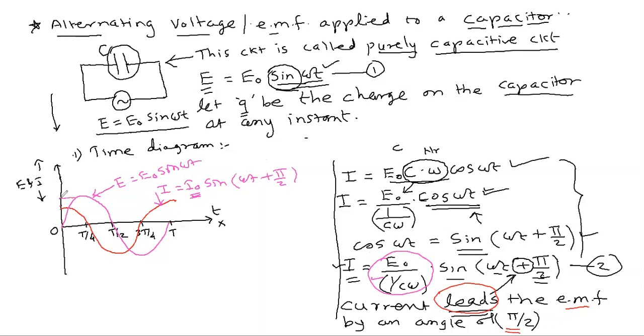These are the peak values of the EMF, that is E naught. Here it is I naught, and on this side we have minus E naught, and here I naught. These are the two values for the respective peak value of the current in the upward direction and the downward direction in case of the alternating voltage or EMF applied to a capacitor.